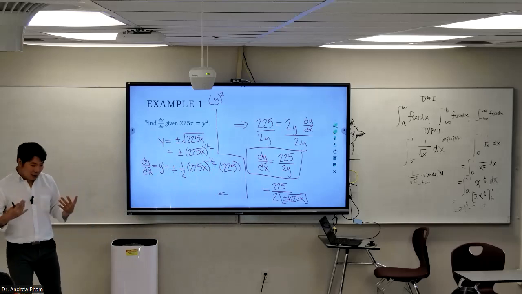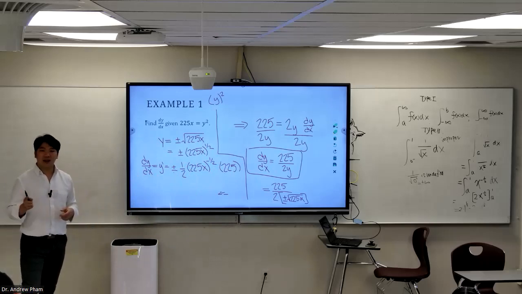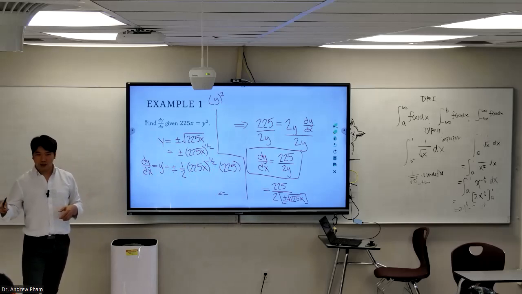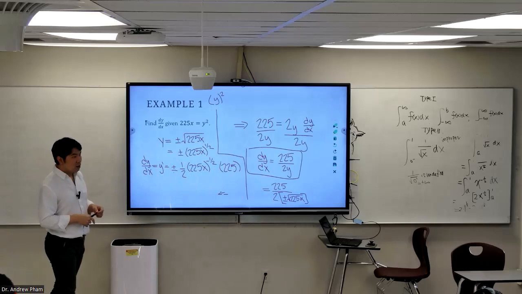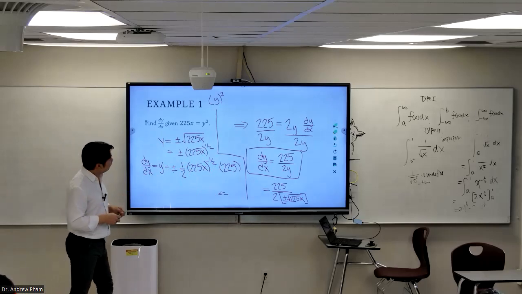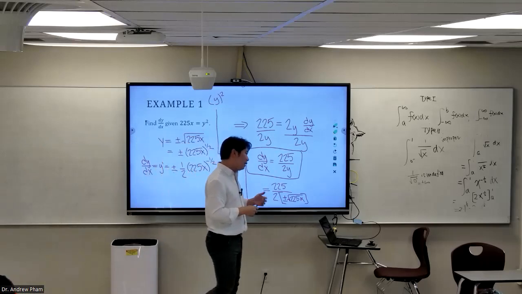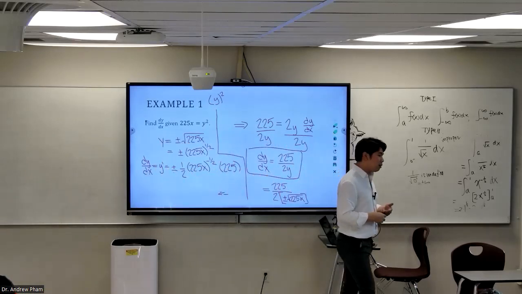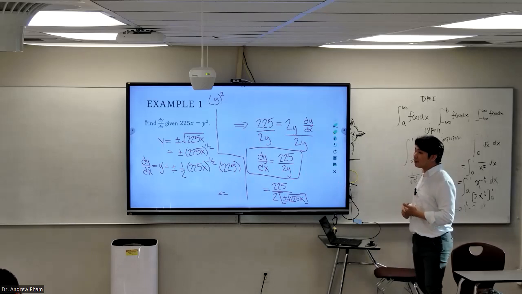The reason why I personally do dy dx is that it is going to come in handy later on whenever we start doing integration towards the end of the semester. But y prime, equally justifiable. Some people like writing y prime just because it's a little bit nicer to look at.